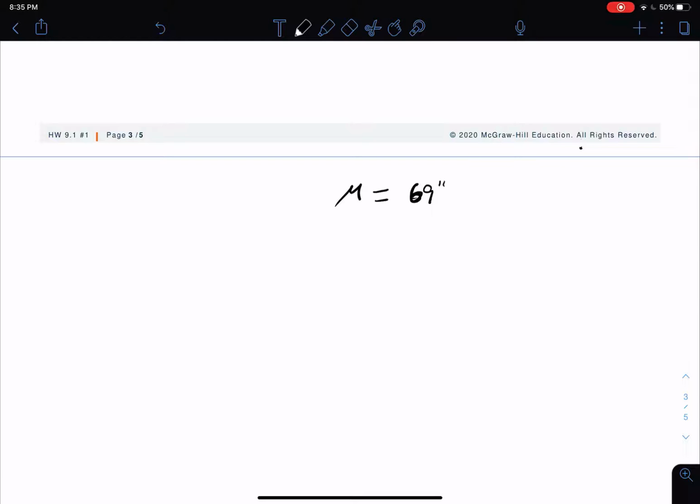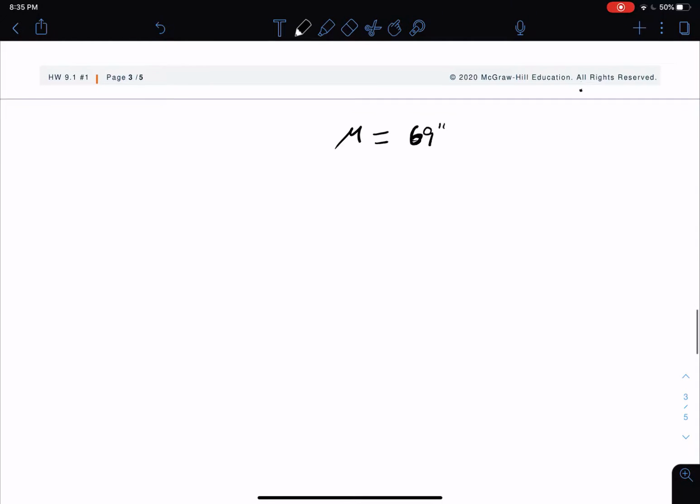So we've set up this whole thing about hypothesis testing, and I'm going to get into more of the details in this homework set. This H sub 0, or H null, or the null hypothesis, is always going to have some kind of equality with it. It's always going to have an equal sign, or a less than or equal, or greater than or equal.